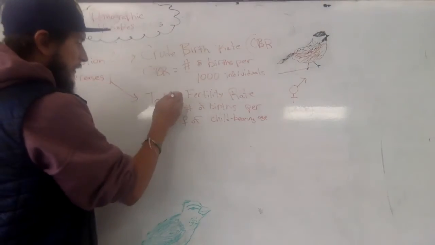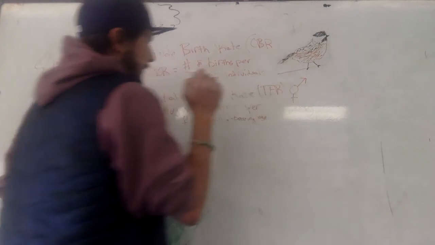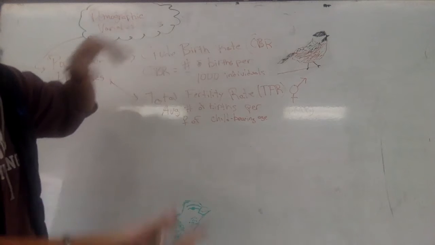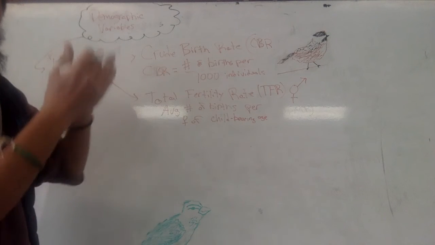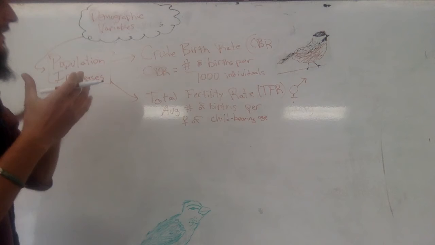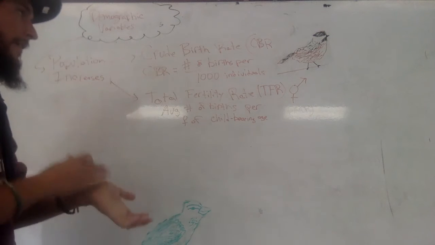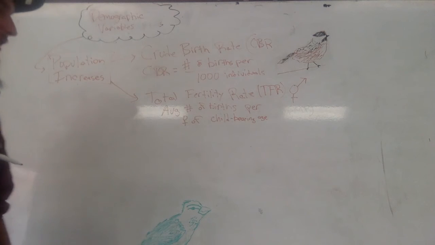So total fertility rate is useful because you might have certain populations that have different ratios of men to women, right? Some countries are actually not 50-50. In places like India, there's more of an incentive to have males, so there can be a larger male population.